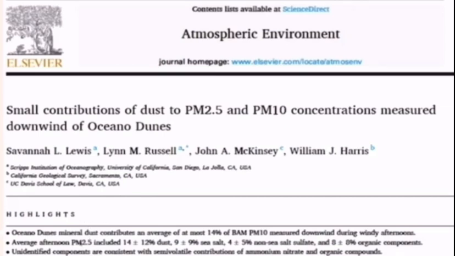The highlights at the bottom here are that the mineral dust contributes an average of at most 14% of BAM PM10 measured downwind during windy afternoons. The average afternoon PM2.5, which I'll remind you is the one we think actually is more important for health effects, also included about 14% dust, 9% sea salt, as well as non-sea salt sulfate and organics.